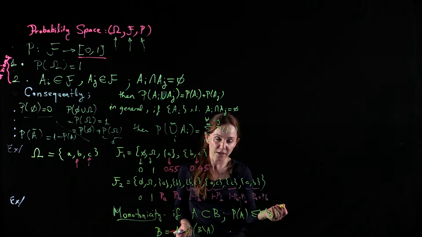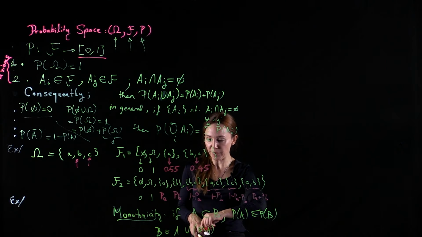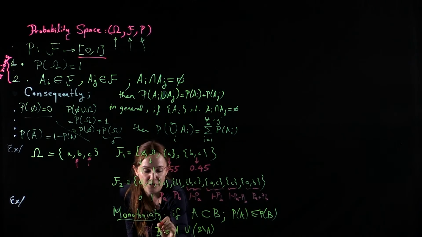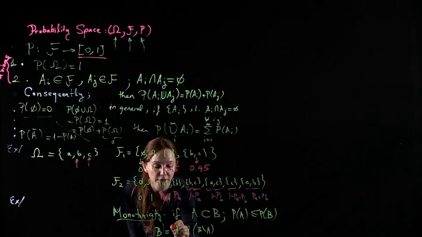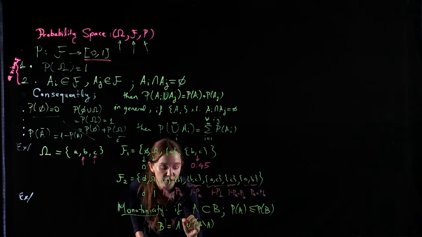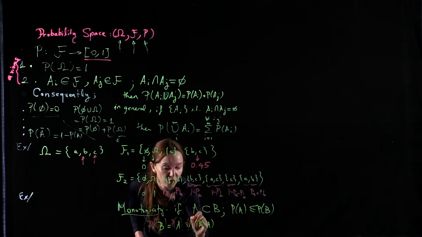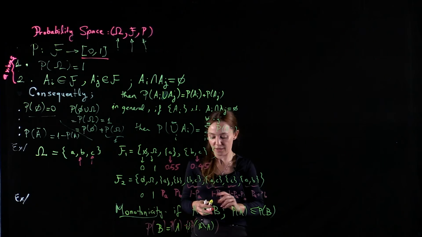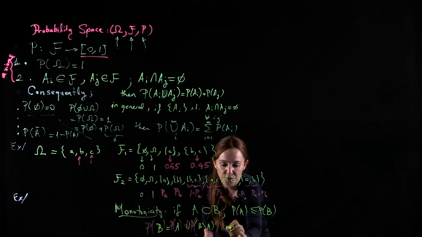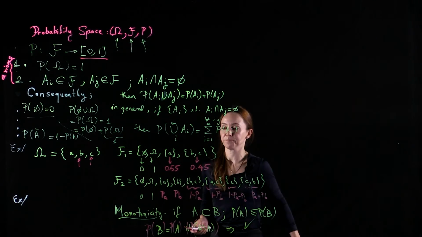Then by additivity of the probability, since these two sets are by construction disjoint, P(B) is P(A) plus P(B minus A), and clearly the result follows from here.